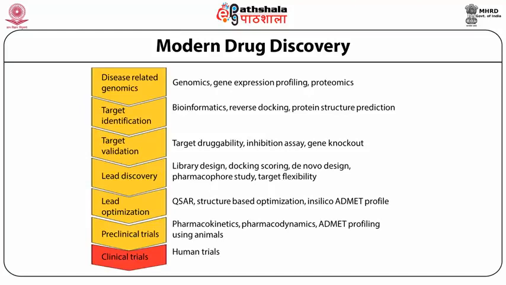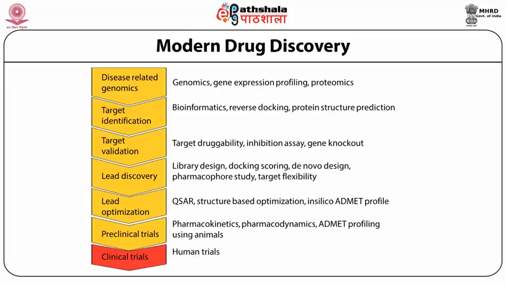With this design part, we again go for another in silico part of modern drug discovery, that is lead optimization, which involves QSAR, that is quantitative structure activity relationship, where we go for structure-based optimization and then in silico ADMET profiling. ADMET stands for absorption, distribution, metabolism, excretion, and toxicological profile.